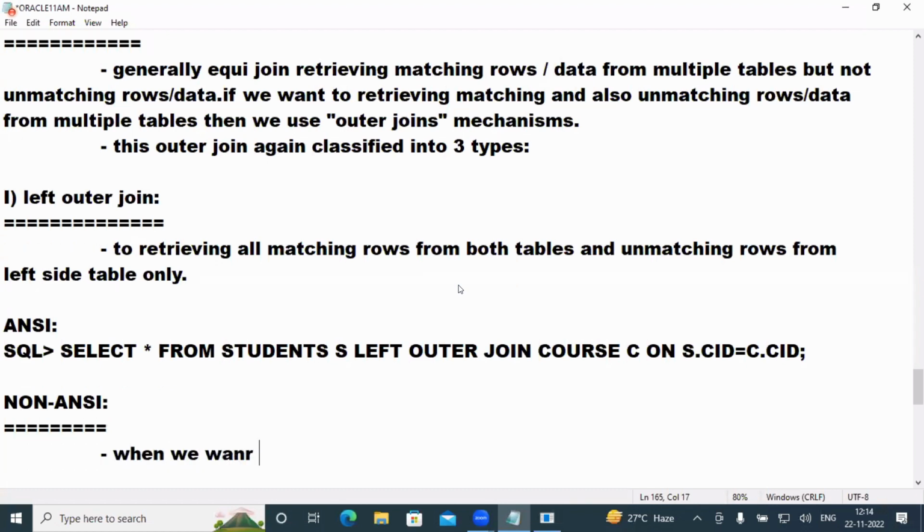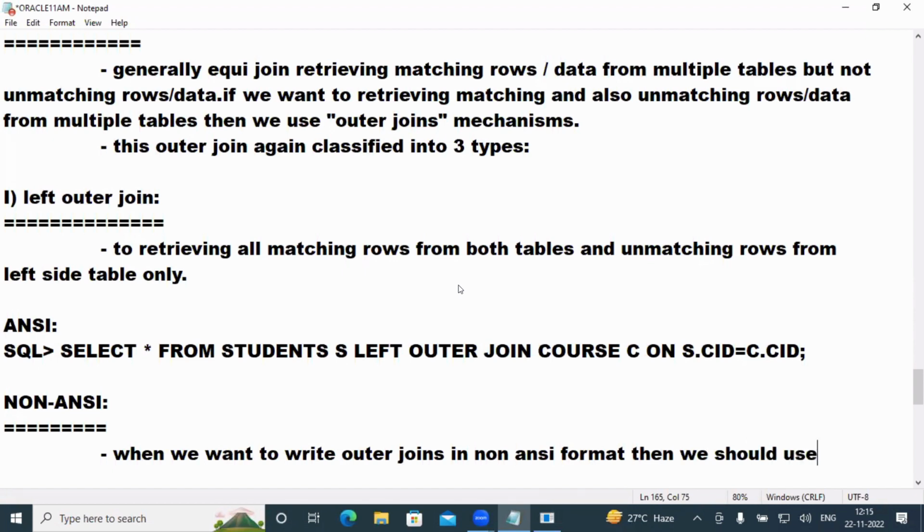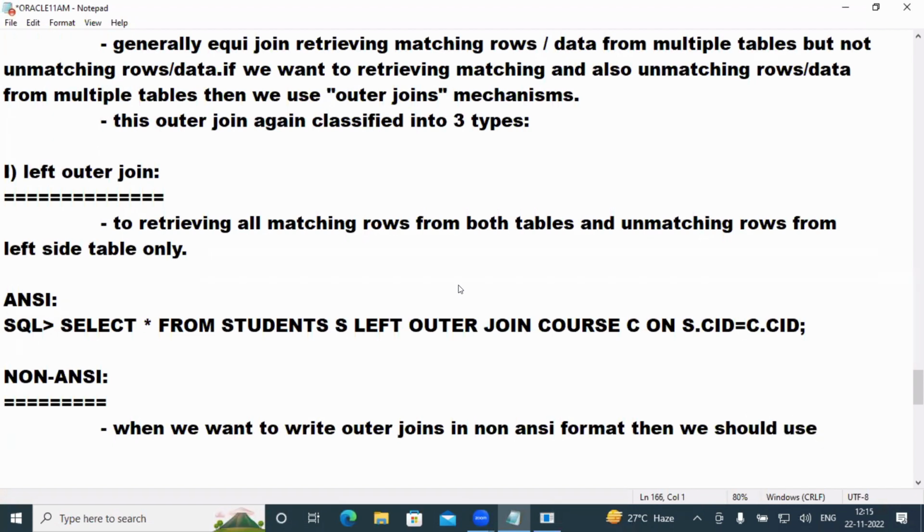When we want to write outer joins in non-ANSI format, then we should use a join operator.